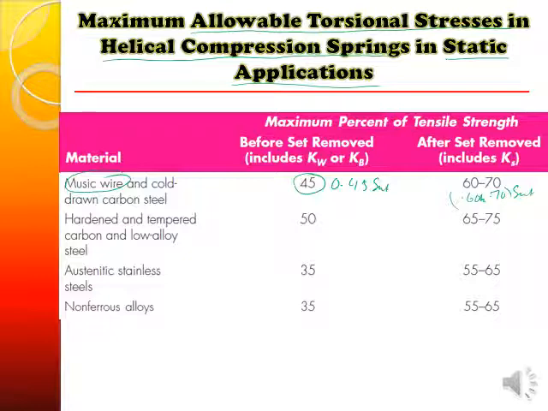Before the set is removed, the value is typically lower. Once the set is removed, the values are typically higher. Same if you see, if it is a hardened and tempered steel, austenitic stainless steel, and non-ferrous alloys. And in the next lecture, I will tell you what we mean by set removed, before and after.